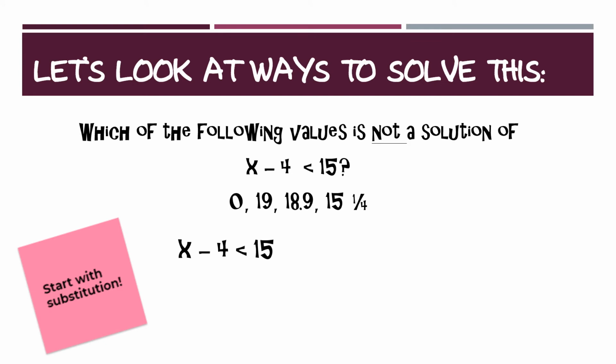Start with substitution. Let's plug in those numbers instead of x. 0 minus 4 is less than 15. Well, 0 minus 4 would be negative 4. Negative 4 is less than 15.